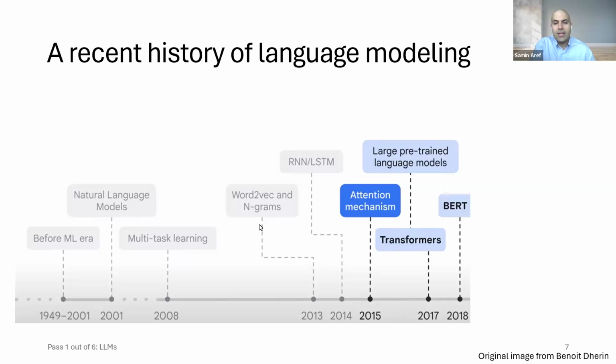These were methods that could incorporate the order of the words in the sentence. But they were still rather basic in terms of incorporating the context of the words as they were processing the input.